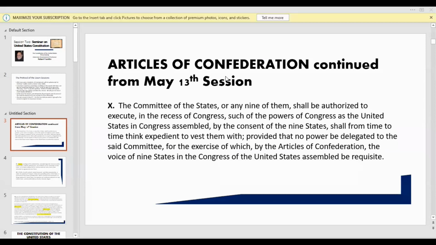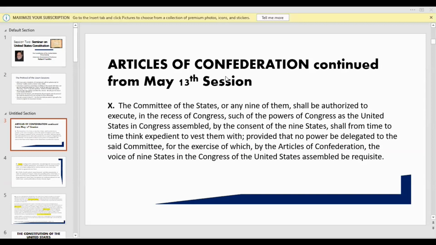This document's primary purpose was to create a mutual defense treaty, such as NATO is today, where the 13 states promised to come to the aid of any one of them if they were under attack. The main purpose was to help fight the Revolutionary War.